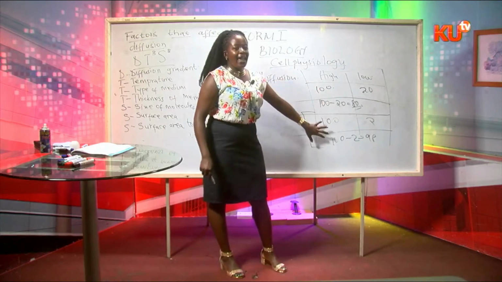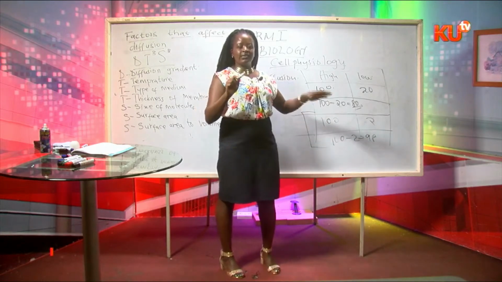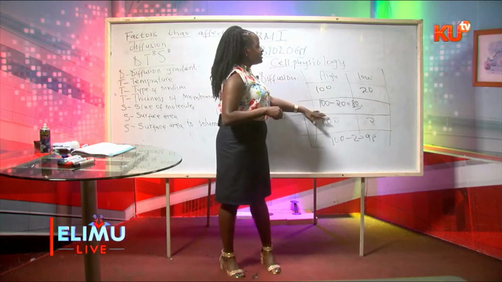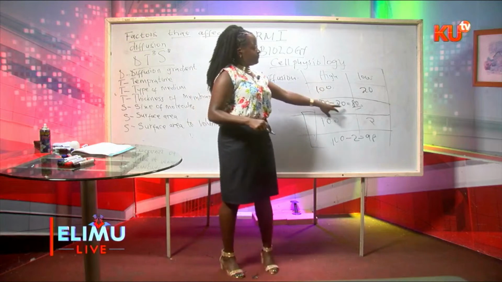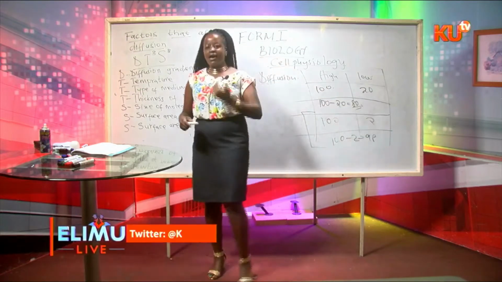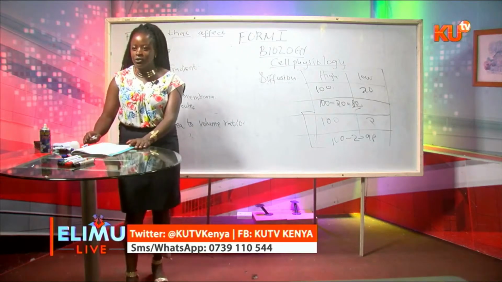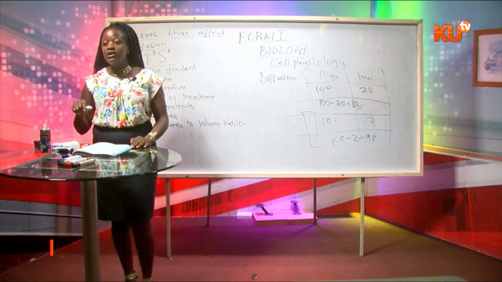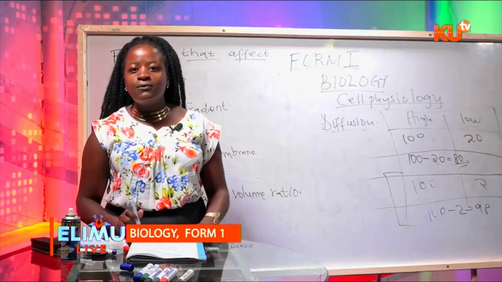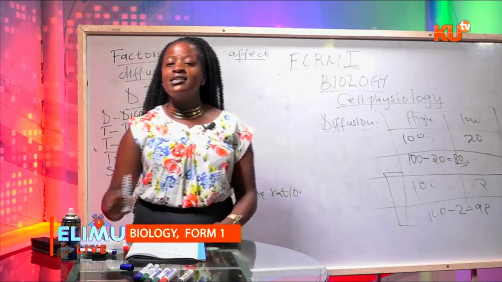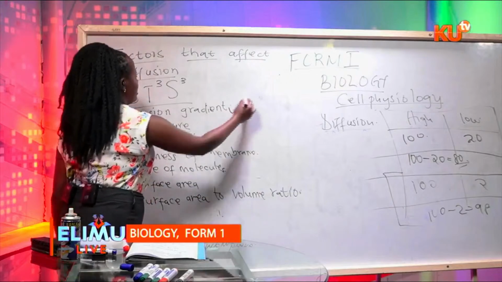So there will be a higher rate of diffusion in this area because the difference in concentration is greater, and there will be a low rate of diffusion in this area because the difference is lesser. So the higher the concentration gradient, the greater the rate of diffusion. The lower the concentration gradient, the lower the rate of diffusion. So don't get confused. Concentration gradient and diffusion gradient mean the same thing. After that, we have temperature.